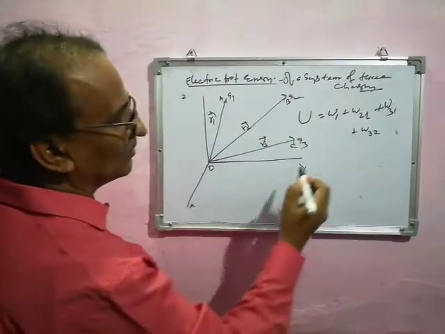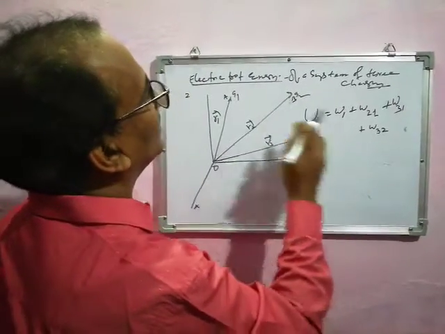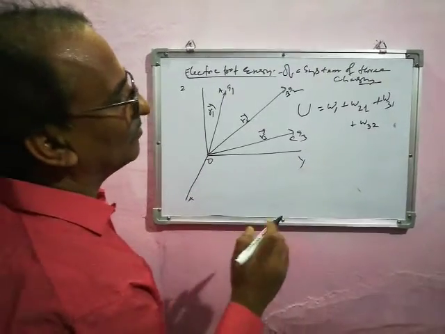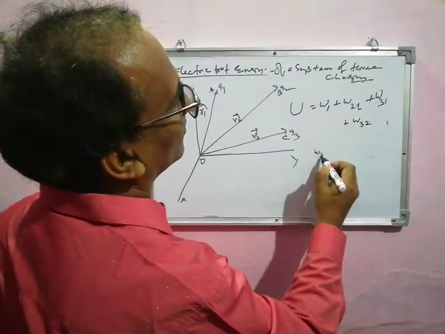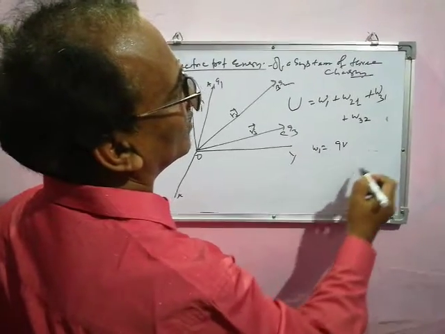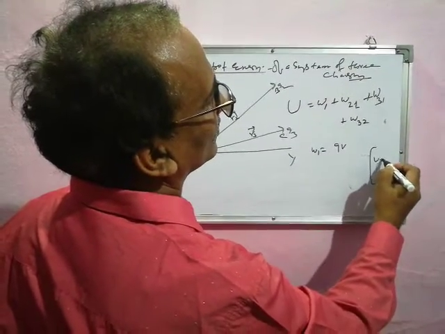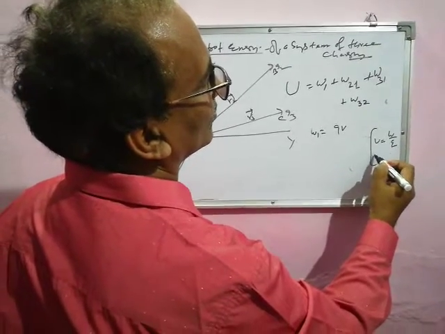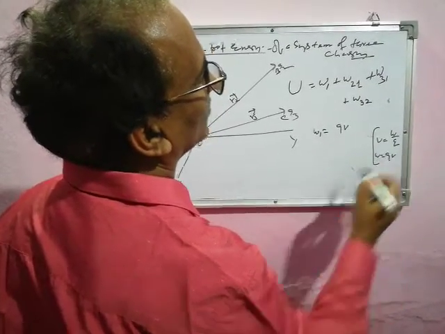The work done in bringing the charge Q1 in the absence of Q2 and Q3 will be 0, since work done is equal to Q into V, as from the definition of potential. So work done is equal to Q into V.